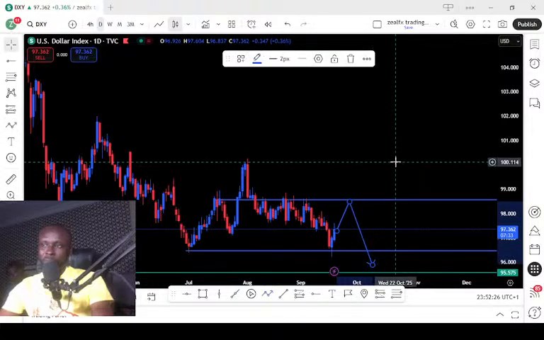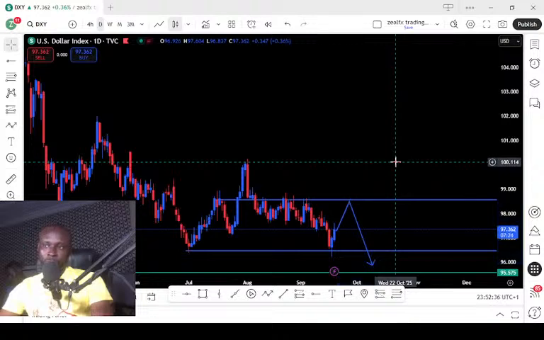Because we have a downtrend structure on the weekly chart, we expect the DSY to remain on the downtrend until we see a bullish structure on the DSY on the weekly before we can start looking for a possible buying opportunity for the DSY. So our DSY still remains on the downtrend.